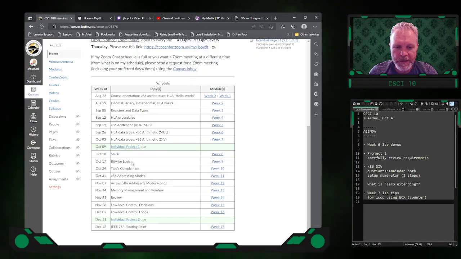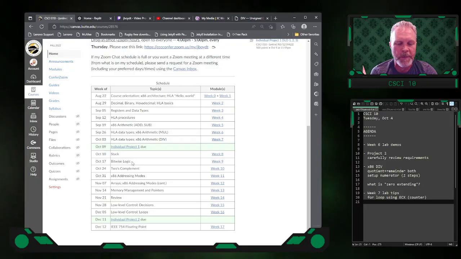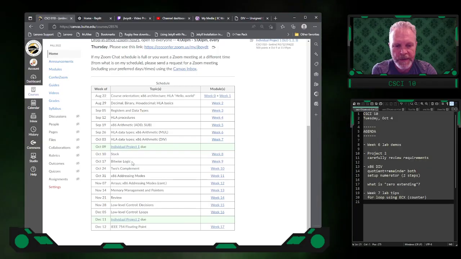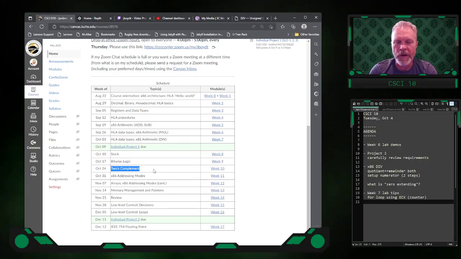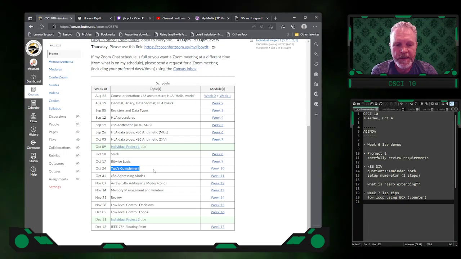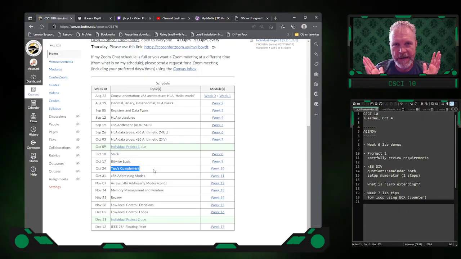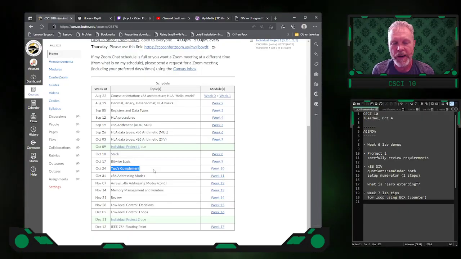Then we'll do bitwise logic, which for a lot of you will be new. You'll be familiar with what bitwise logic is, but you probably haven't done any applications of it. And then finally, I'm giving you a heads up about this. So this two's complement, the week of October 24th, that's when we start dealing with signed integers, so positive and negative numbers.